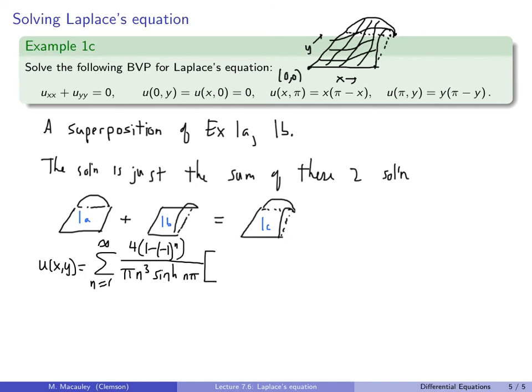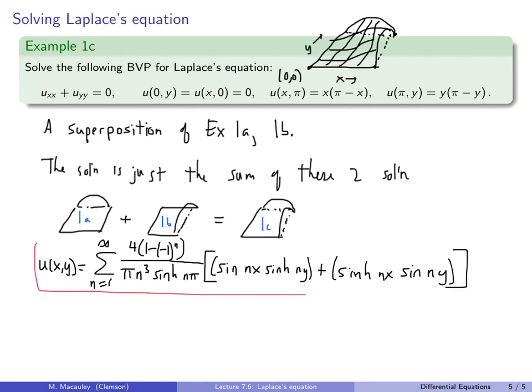So the first one is sine of nx times sinh of ny, and the second one is sinh of nx times sine of ny. So this, without doing really any math, is the solution to this boundary value problem up here.